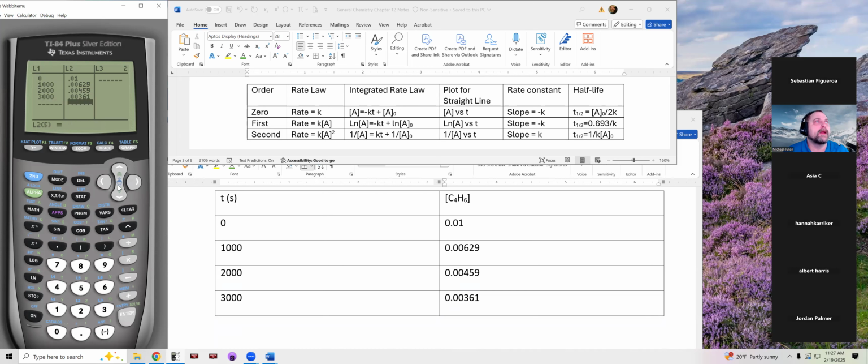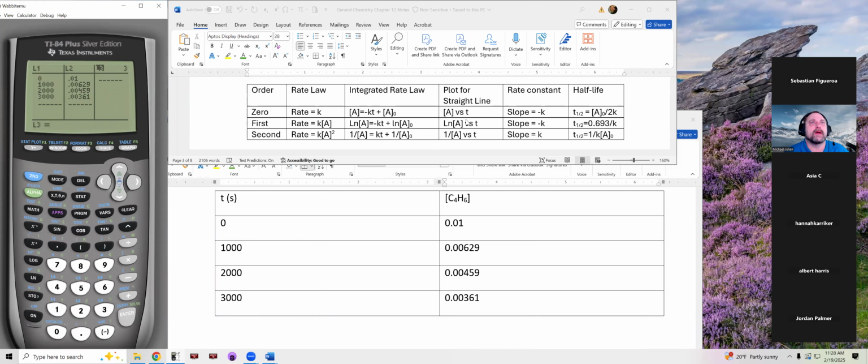Now, while I'm here, I'm going to go ahead and generate the next couple of columns, but I don't want to have to figure out what the ln is of something and what 1 over it is. We certainly don't want to type that in. So we can use a formula just like we would in Excel. I want to make this whole thing follow a formula, so I'm going to go up to L3, highlight it, and hit enter, and it lets me edit it down here. If you don't see the flashing cursor on the bottom, make sure you hit enter on the L3.